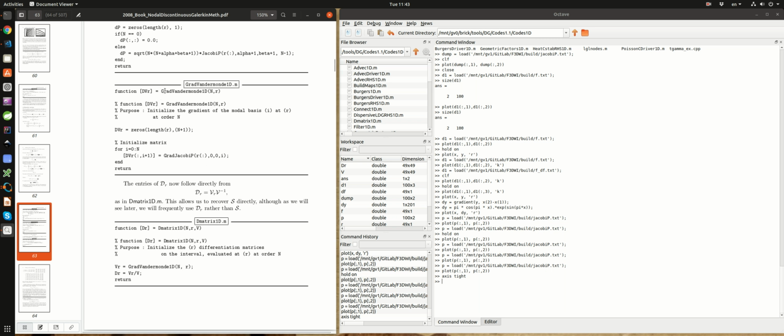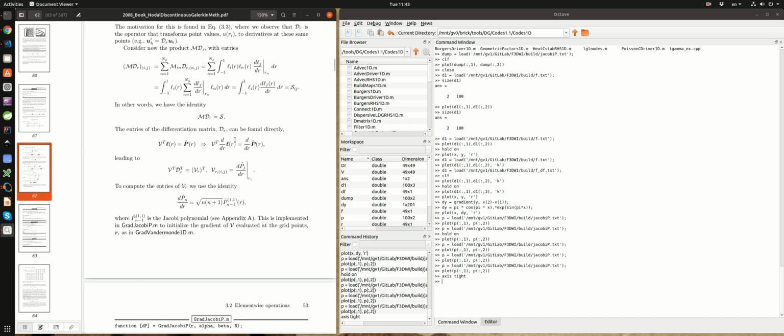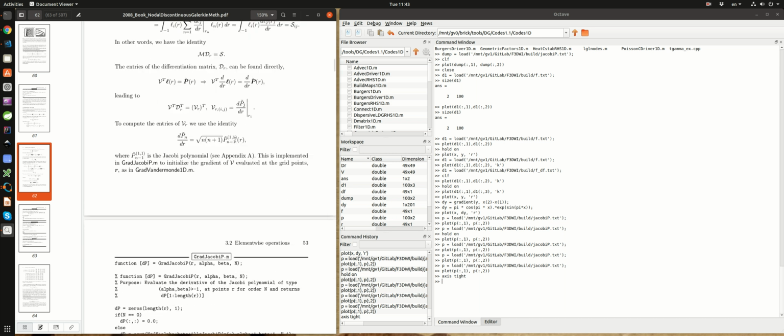It's generated using this particular method function, grad Vandermonde 1D. Vr is the derivatives of the jth order Lagrange polynomial evaluated at the location of the ith sampling point, which could be a GLL point.